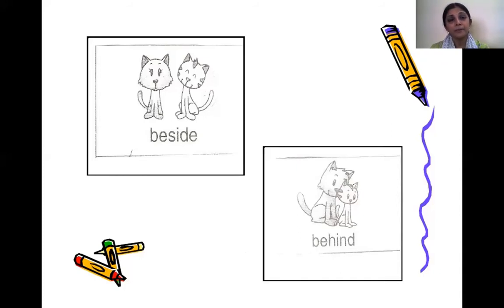But if one person, one object is behind, that is the difference. Beside means at the side and behind means at the back. So you can very well see the image and you can understand the difference.